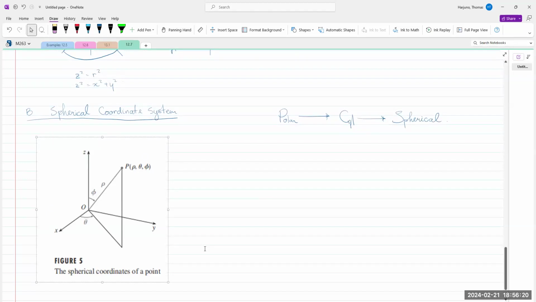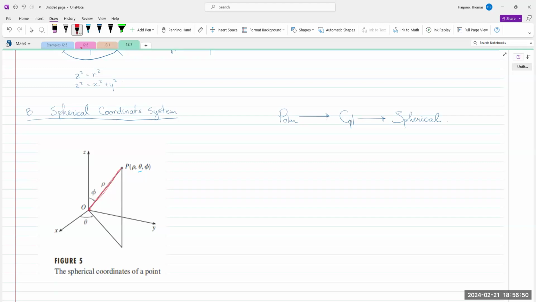So what happens is spherical coordinate system consists of 3 components, and the second component theta is the same as what we have in polar. The first component, however, is rho, which is the direct distance from origin to the point. We call that rho to distinguish that from r radius.